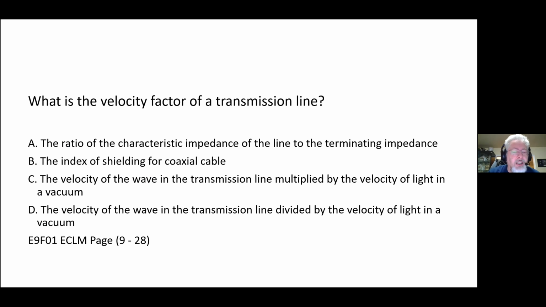D, the velocity of the wave in a transmission line divided by the velocity of light in a vacuum. Delta is correct. The velocity of wave in a transmission line divided by the velocity of light in a vacuum.